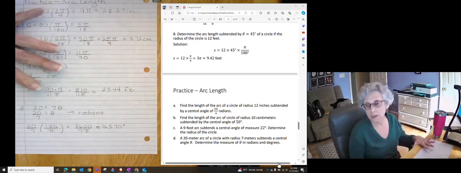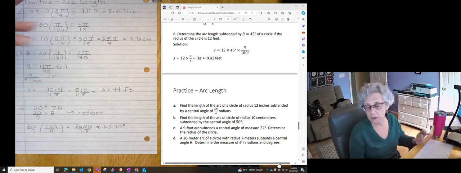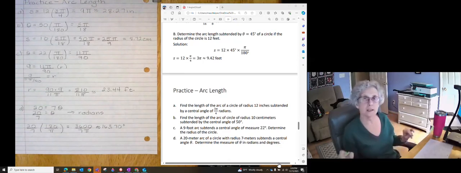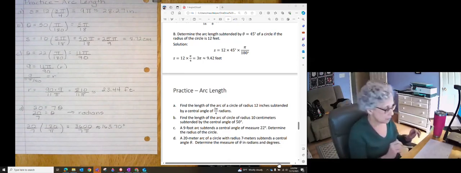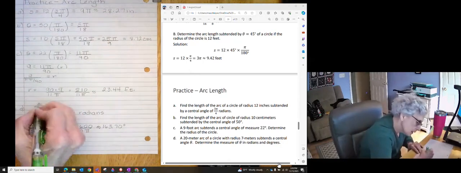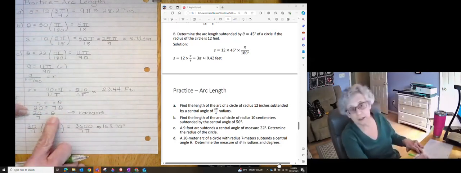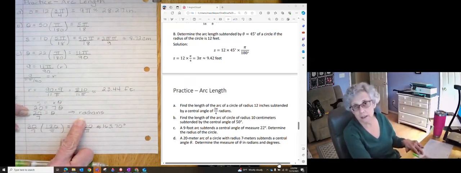Part D, we have a 20-meter arc of a circle with radius 7 meters, subtends a central angle theta. Determine the measure of theta in radians and degrees. So when you just start with your formula, S equals R theta, your theta is automatically in radians.